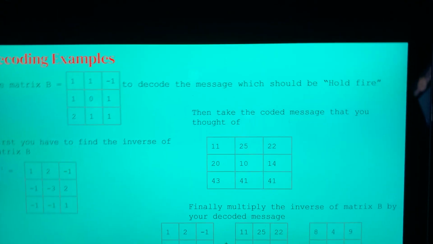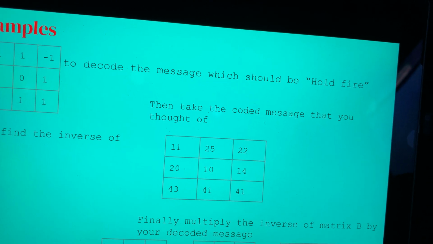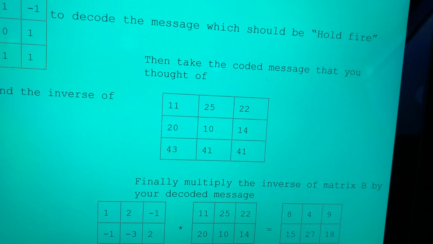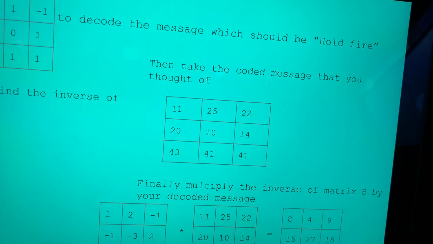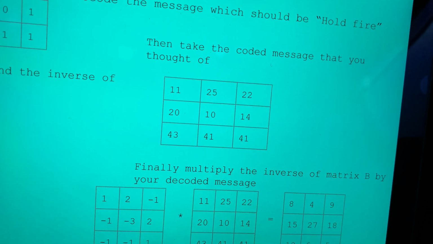So then, this is going to be the coded message that you thought of, which mine was 11, 25, 20, 20, 10, 14, 43, 41, 41.